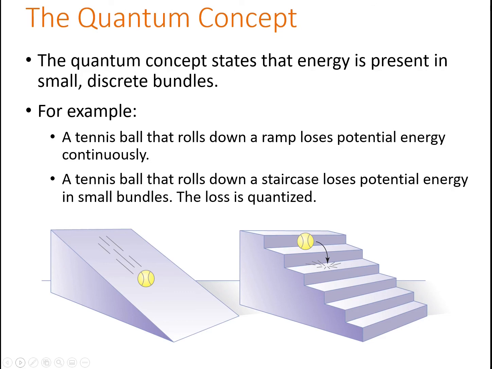When that happens, the energy that's released for an electron to do that, it's packaged in small discrete bundles. So to talk about energy continuous versus these quantized small bundles, if you think about a ball rolling down a ramp, it's just going to roll all the way down, right?